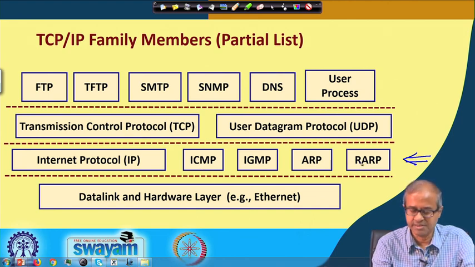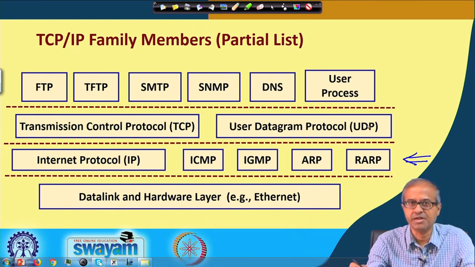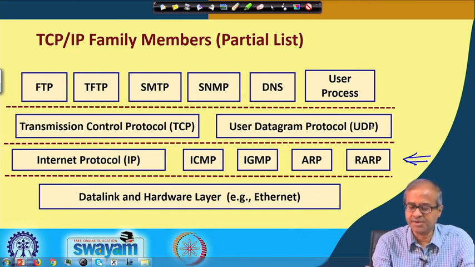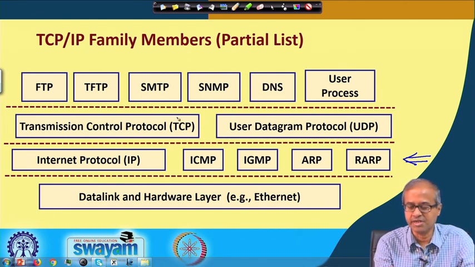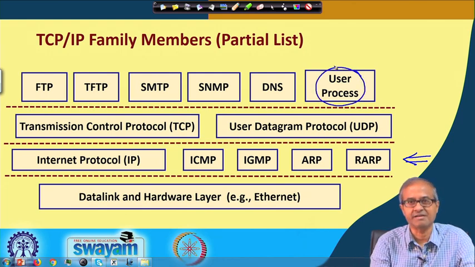They all work at the network layer level. At the higher layer, the transport layer, there are two alternate protocols, TCP and UDP, transmission control protocol and user datagram protocol. And at the topmost layer, the application layer, you can have any arbitrary user applications running.